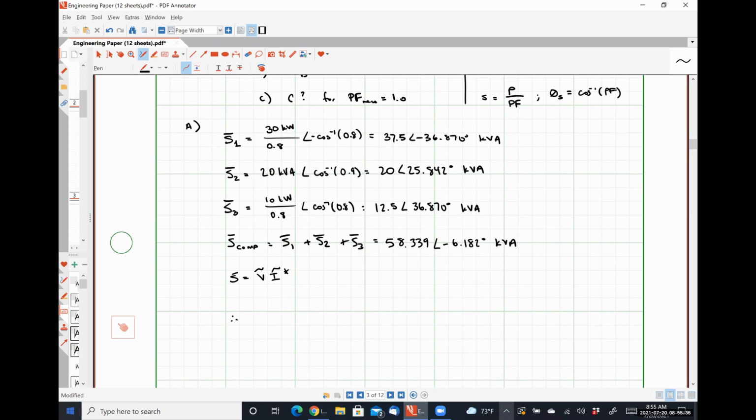So I would argue then that I conjugate is S over V, or I is S over V conjugate. Does that make sense?